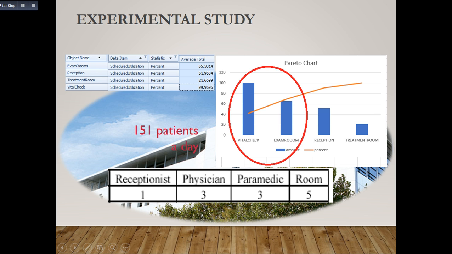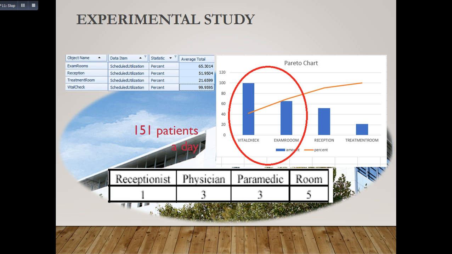We have to worry about the vital check room and the exam room, where the patients wait a lot. So what I want to suggest to my boss is that we add one more physician for the exam room and two more paramedics in the vital check. That will decrease their significance in the parallel chart, and it will reduce the waiting time of patients in the emergency room.